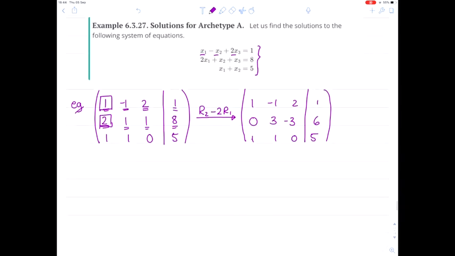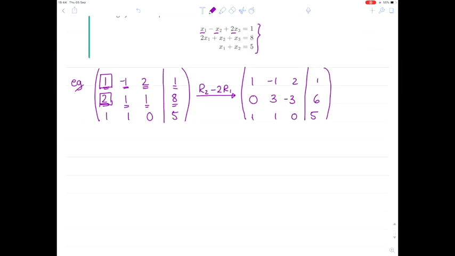Good. All right. So now we need to tackle this one here, because we've got our leading one, so we need to have zeros in the rest of the column. So I'm just going to subtract row 1 from row 3. So row 3 minus row 1.